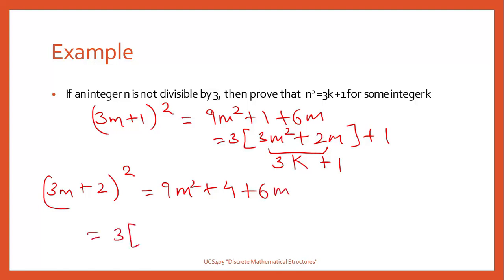Taking 3 as common, we will get 3(3m square plus 4m plus 1) plus 1, because 4 is written as 3 plus 1. Again, it is an integer, let us assume it as k, so this is in the form of 3k plus 1. Hence, if n is not divisible by 3, then n square is equal to 3k plus 1 for some integer k.